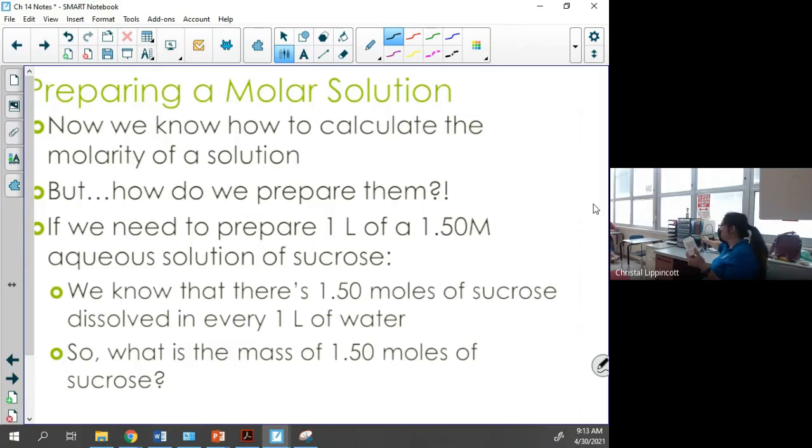I would need to measure out 1.5 moles of sucrose, put that in here, and then fill this up with water until it reaches that etched line. You've probably seen me throughout the year making some of these things up for AP using this type of equipment.